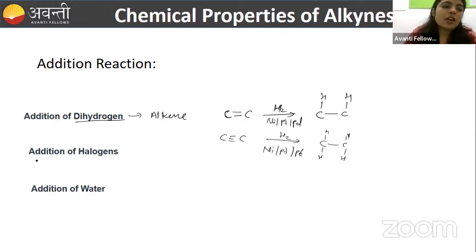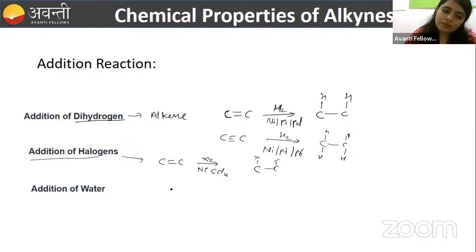Now addition of halogen. So halogen addition is also the same as we have done in the chapter alkenes, like double bond, then we have to take X2 with a non-polar solvent. What was our non-polar solvent? CCl4 kind of, and then we broke this bond and added halogen at the vicinal position.